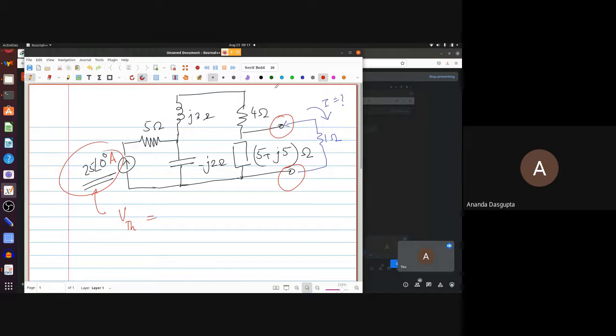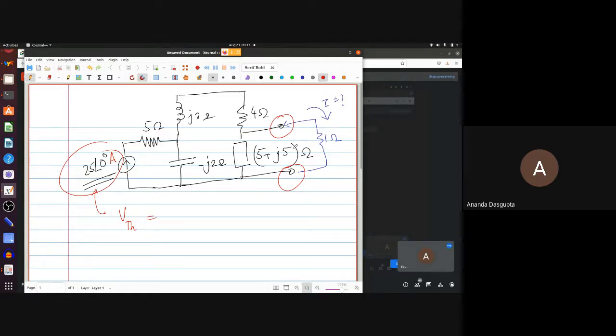So the rest of the thing, all of this, is supposed to be inside your black box, which of course is a misnomer because you know precisely what is inside. When you say black box, you are supposed to not know what is inside. But here, of course, when you're doing the calculation, you know exactly what is inside. And now you want to calculate the open circuit voltage and the short circuit current, or find out the RThevenin in any other way.